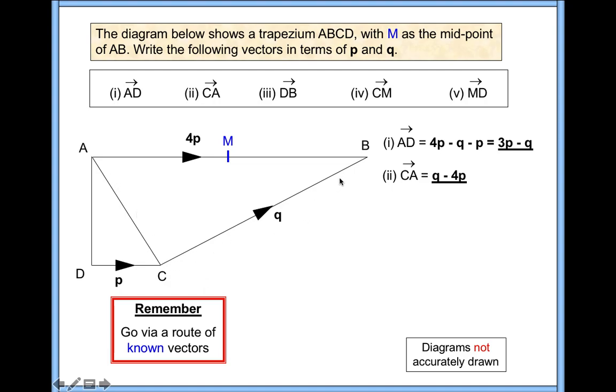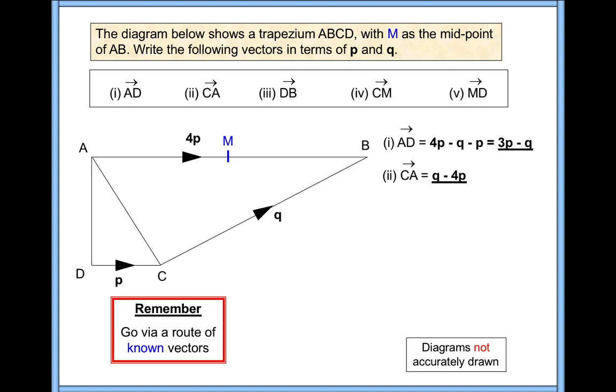Vector CB is Q, already given to you. What is vector AB? Vector AB is 4P. With reference to vector AB, vector BA is in the opposite direction, so it will be negative 4P. So vector CA will be Q minus 4P.